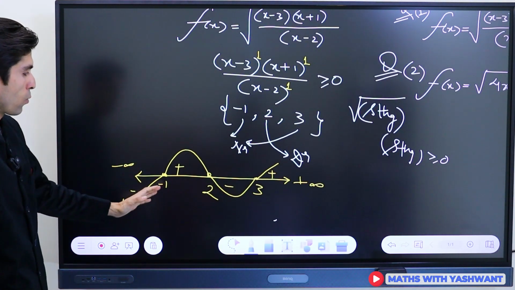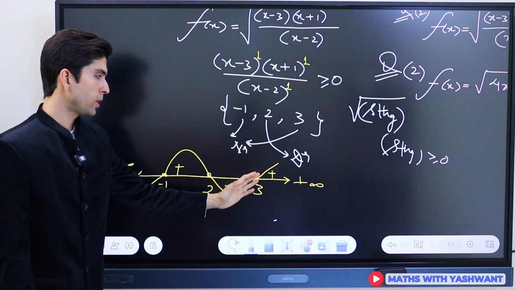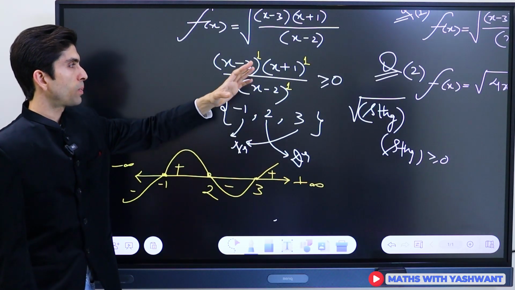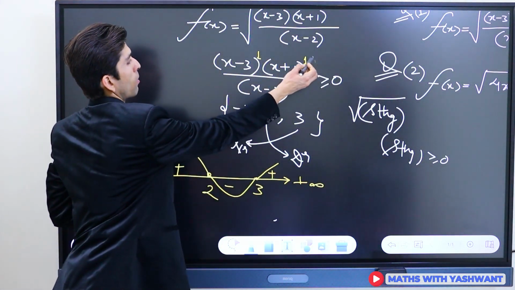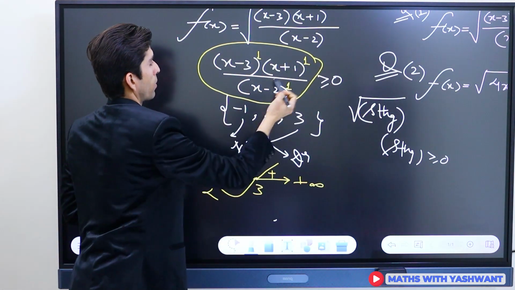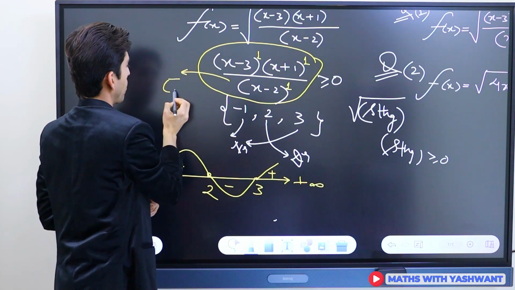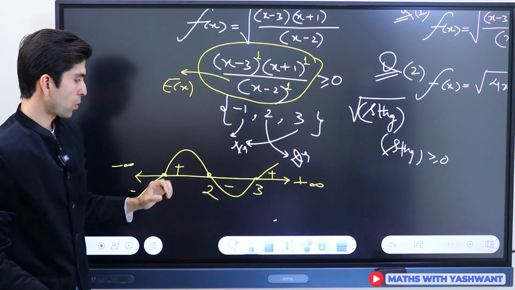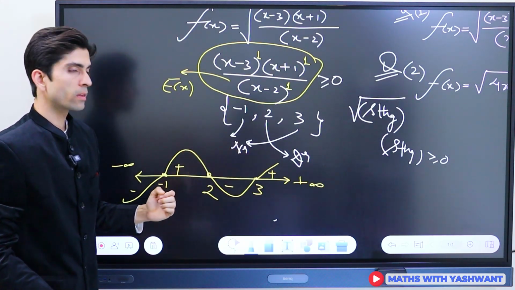And for -1 to 2, or from 3 to positive infinity, because the wavy curve is above the number line, this expression, we're talking about the left hand side expression, let's say E of x, we have named it E of x, is positive in this interval.